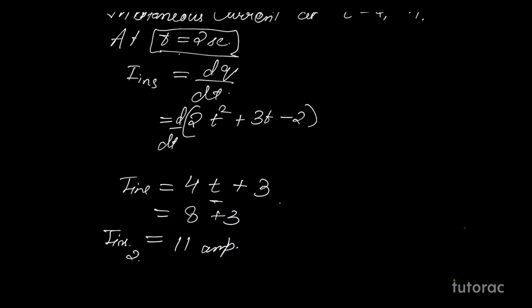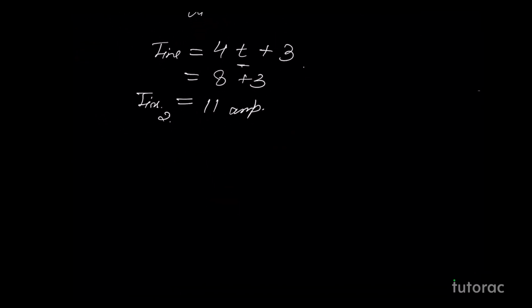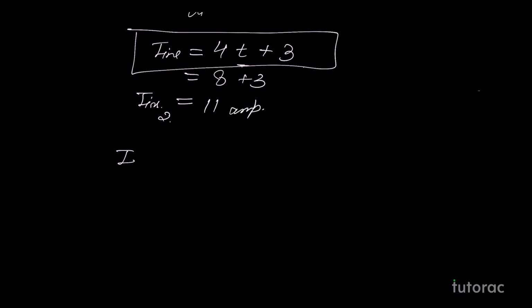Now, we have to also calculate for 4 seconds. We simply have to put the 4 in this equation, the equation of the I instantaneous with respect to time. So, I instantaneous at 4, we'll simply get 16 plus 3, that is 19 ampere.